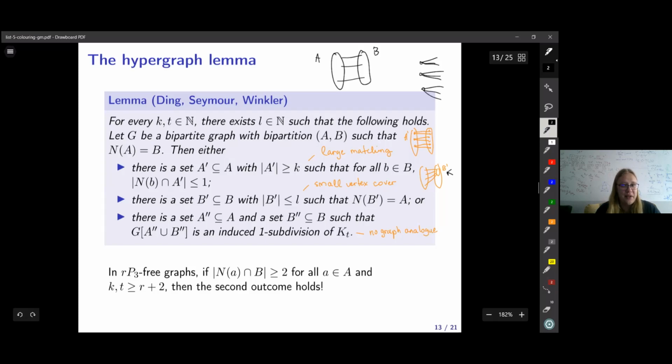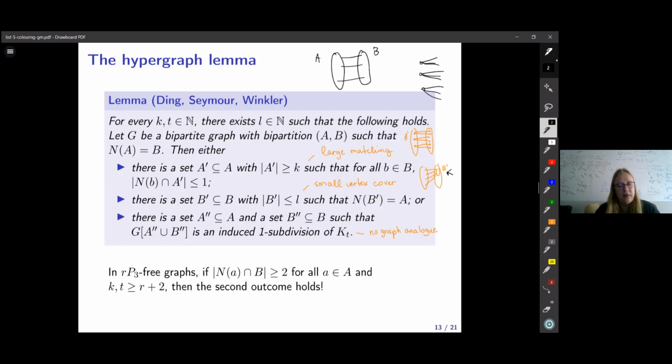And there's a third outcome where neither of this holds, which is essentially that the bipartite graph contains an induced one subdivision of KT. And you can convince yourself that if you do that and you pick the right side for the branch vertices, then a large induced subdivision of KT satisfies neither the first or the second property. But this lemma says it's one of the three.